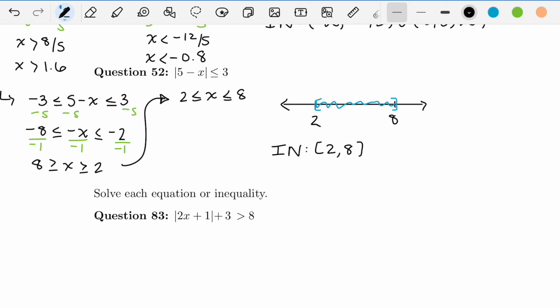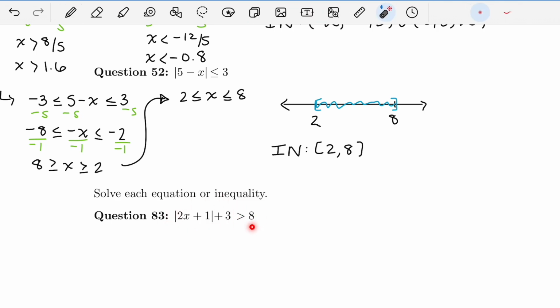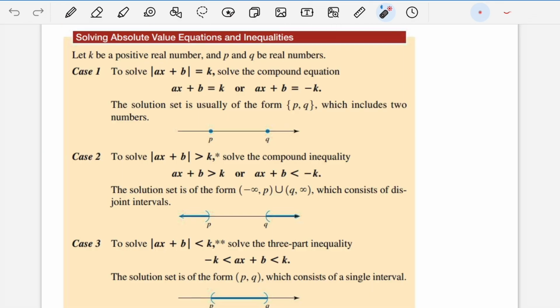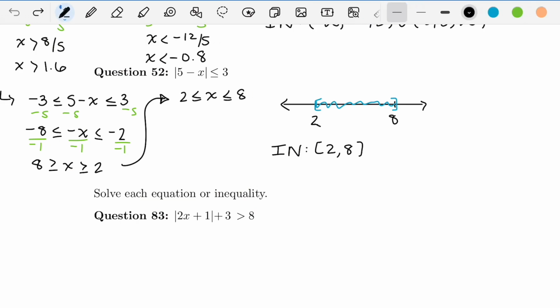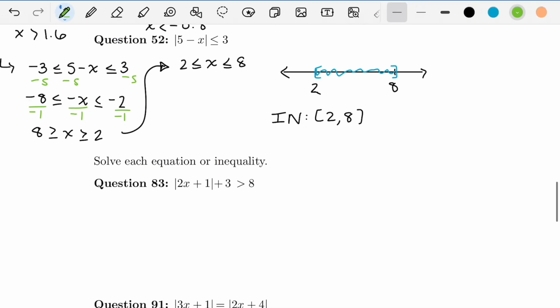In this first example here, we are dealing with an absolute value inequality, but we have to rewrite this so it's of the form that we're familiar with. If you go back to this guy here, all of these cases just have the absolute value by itself. So what we're going to have to do is just rewrite this guy. And we'll do that just by moving this 3 to the other side of our inequality.